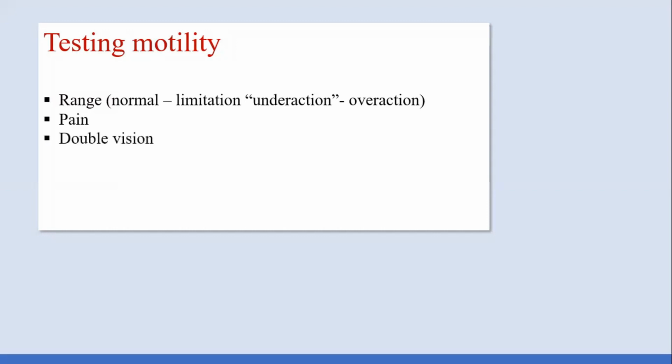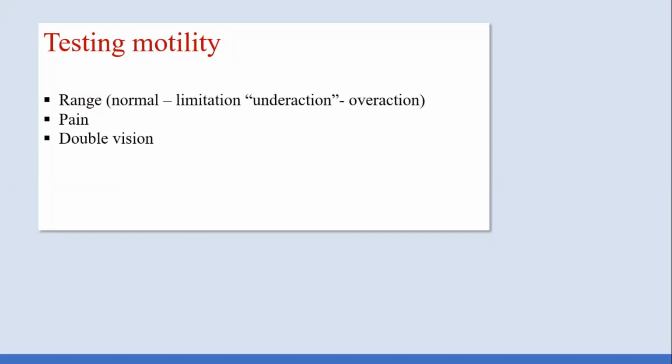Sometimes we may ask the patient, is there any diplopia? Sometimes there is no diplopia in the primary position, but in certain cases there might be. So while checking ocular motility, you may ask the patient about two things, pain, and you can also notice the facial expression, and you ask about any double vision in certain cases.